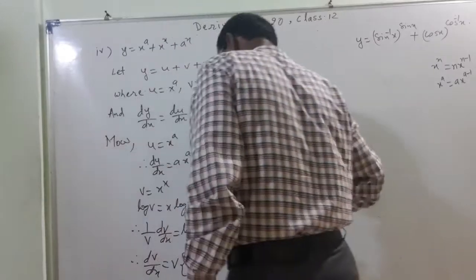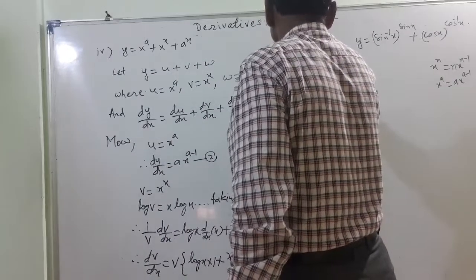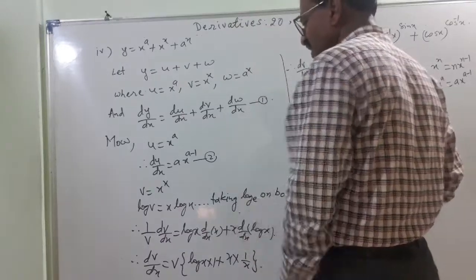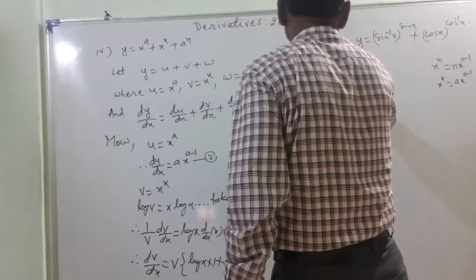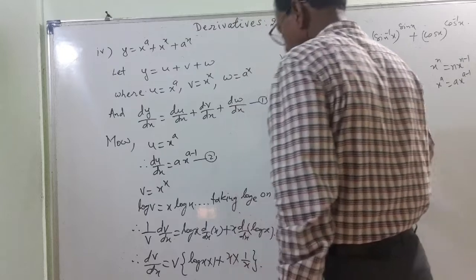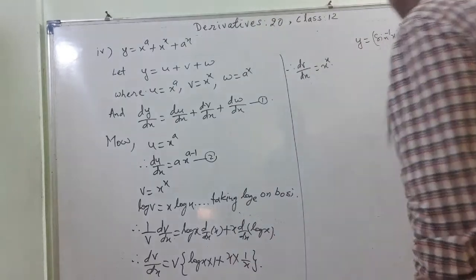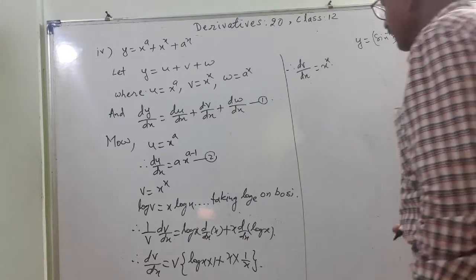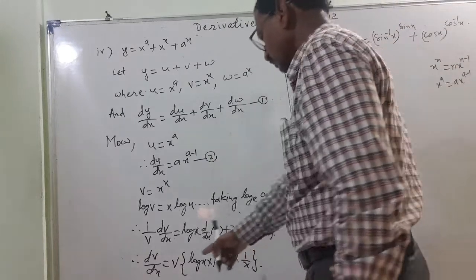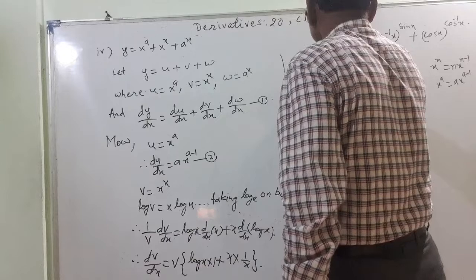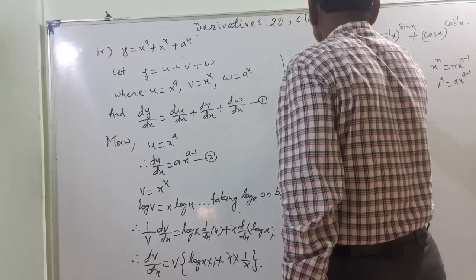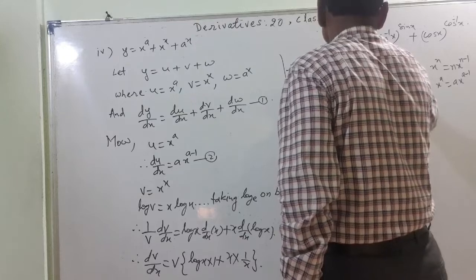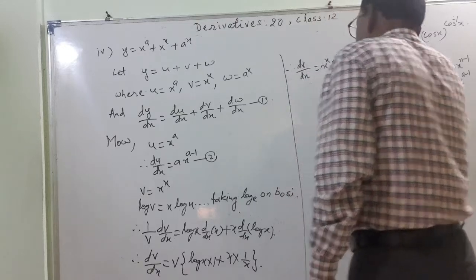Therefore, dv by dx is equal to v. What is v? X raised to x, into. This is the example for your practice. Take it as a homework. Into bracket log x. This x will get cancelled and plus 1. This is your number 3.